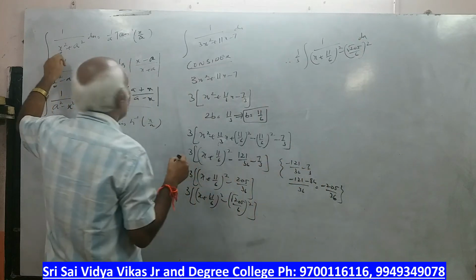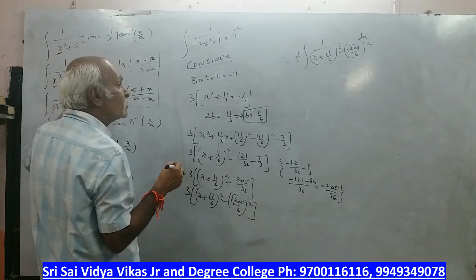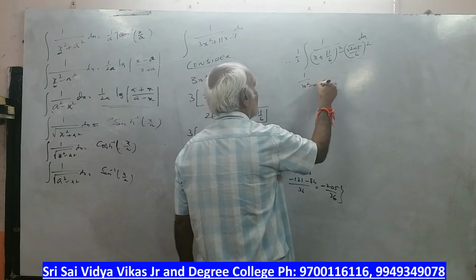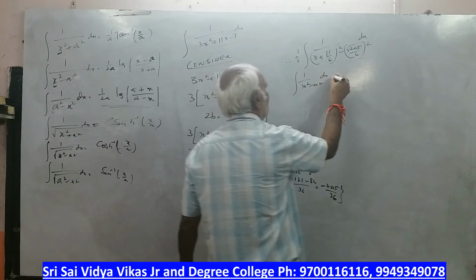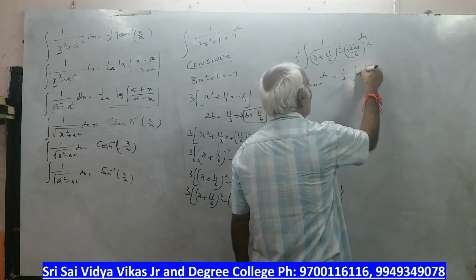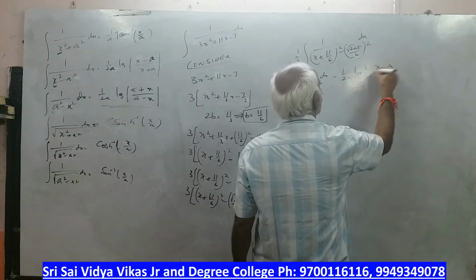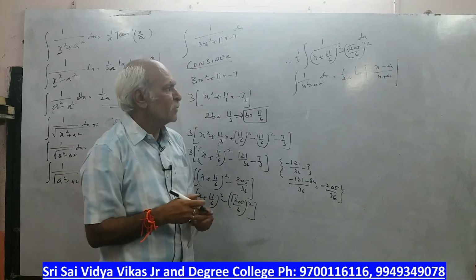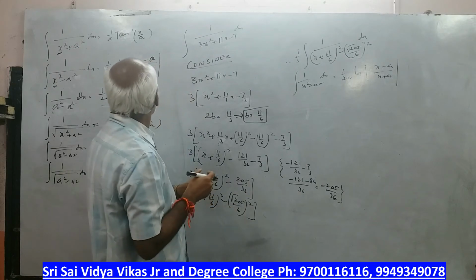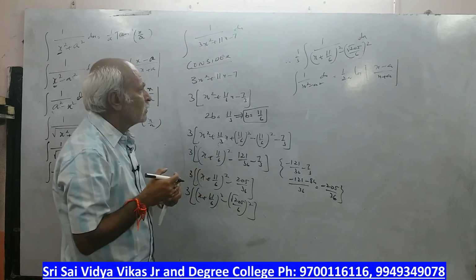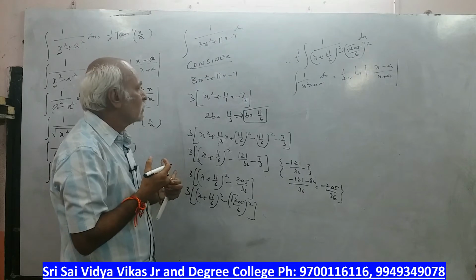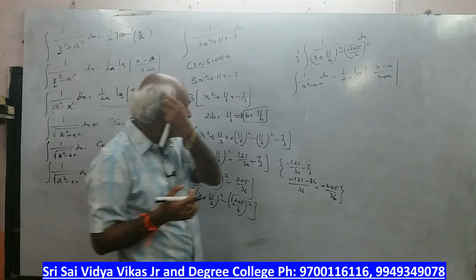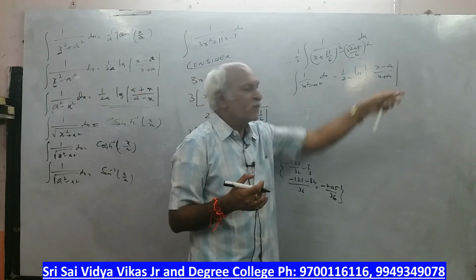1 by x square minus a square. So this becomes 1 by 2a log of x minus a by x plus a. Right? X minus a by x plus a. Or x plus a by x minus a.